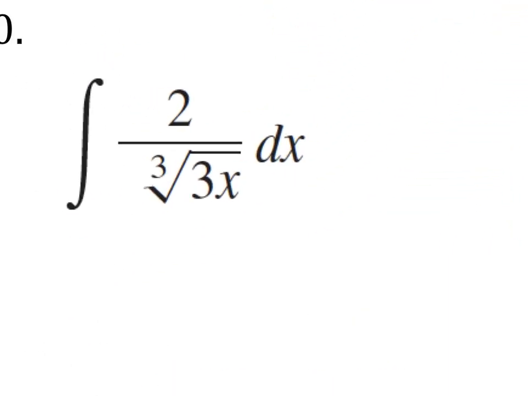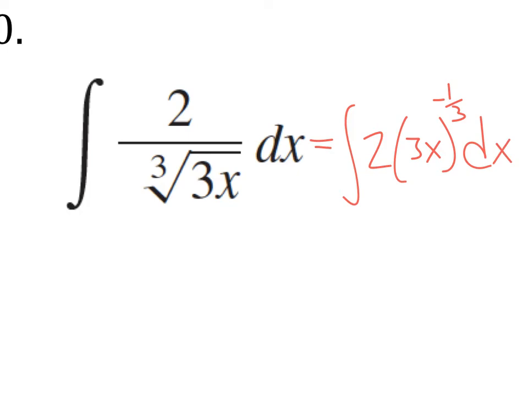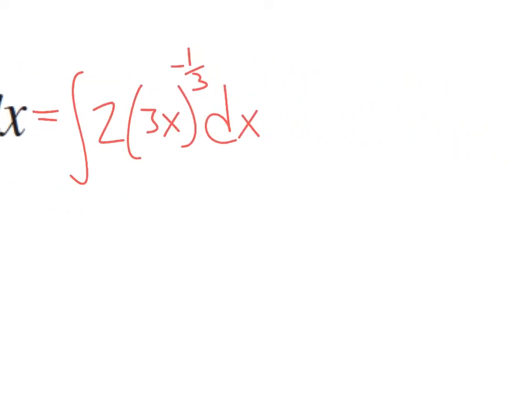Okay. Again, we've got some stuff in the denominator. Let's rewrite that with negative exponents. So we have 2, and this is 3x to the negative 1/3. Here, we could do a couple of ways with this.